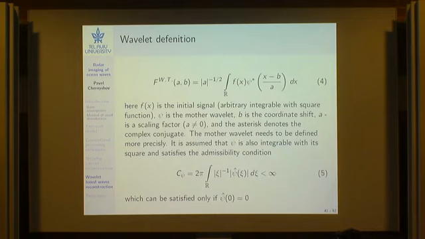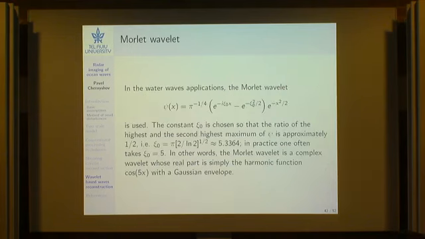Psi is called the mother wavelet. B is a coordinate shift, and A is a scaling factor. A is not equal to 0. The asterisk denotes the complex conjugate. So the mother wavelet should fulfill the admissibility condition. It's a formal definition, not that interesting.